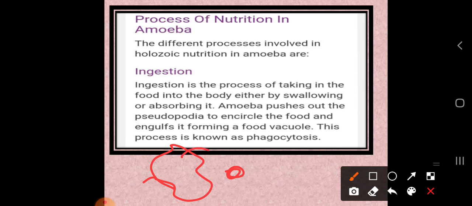With the help of pseudopodia, the amoeba wants to take this food particle. After taking it, it changes its shape. After capturing the food particle, it enters the amoeba's body. This process is known as phagocytosis.